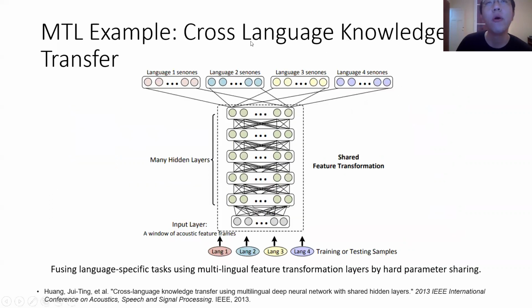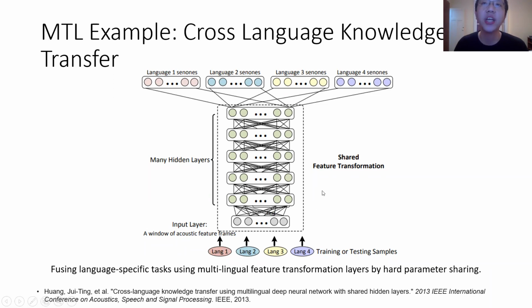And also for natural language processing, we can have cross-language knowledge transfer. For example, here we have a lot of languages, like maybe you have Chinese, Spanish, French, English, and we want to use one single network to train a model that can be applied to any of these languages. So what do we do?